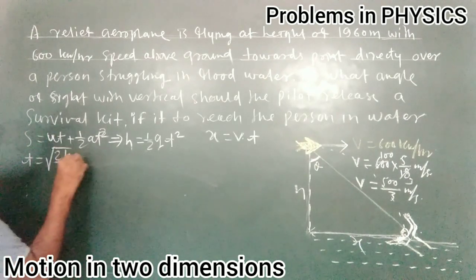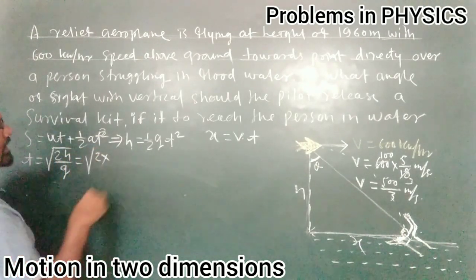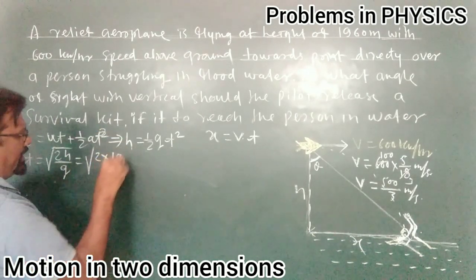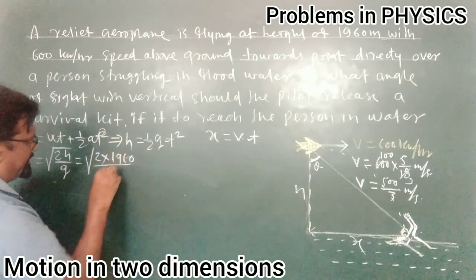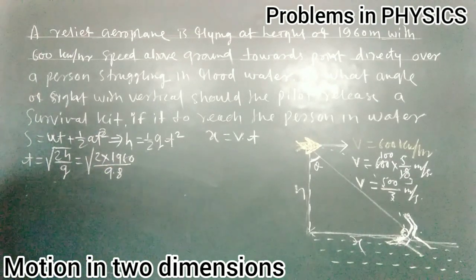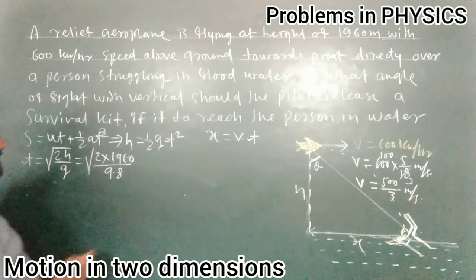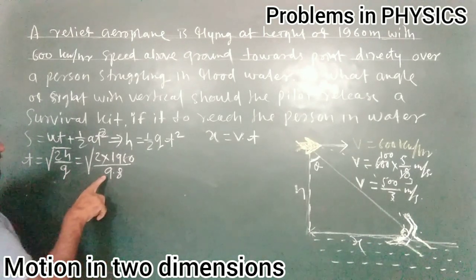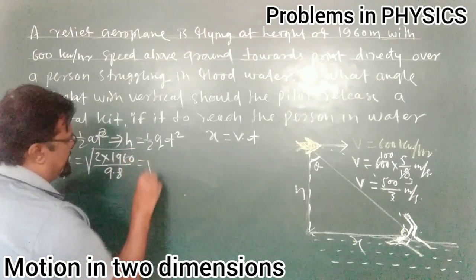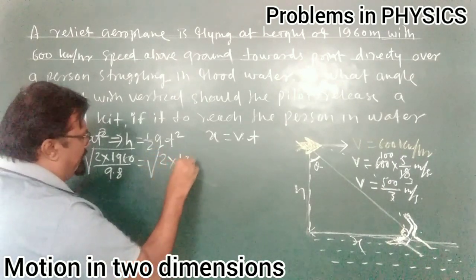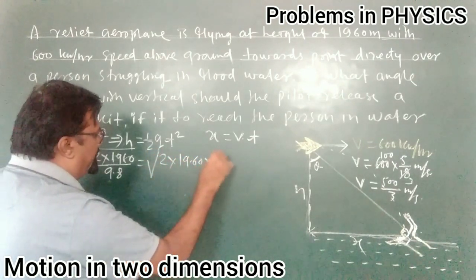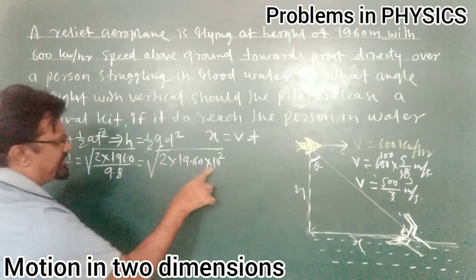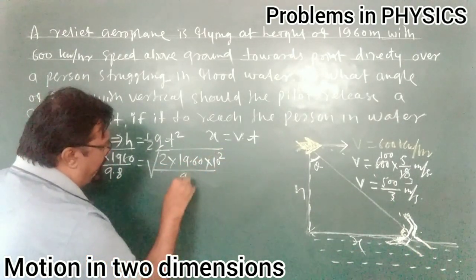Now you can place the values. You can write 2 into h, which is the height, 1960, divided by acceleration due to gravity, which is 9.8, and you can solve this. You know that 9.8 2s are 19.6. So if you convert this, 2 into 1960 can be written as 19.6 into 10 to the power 2, divided by 9.8.